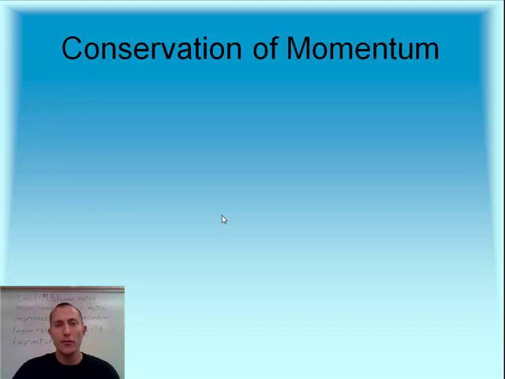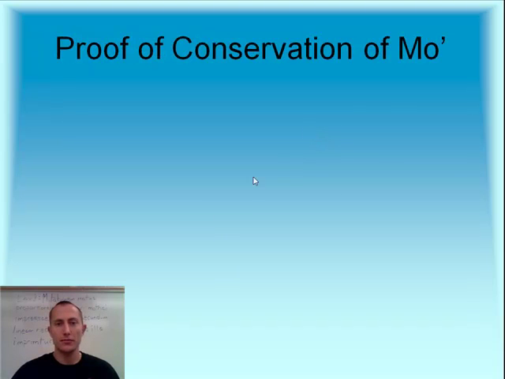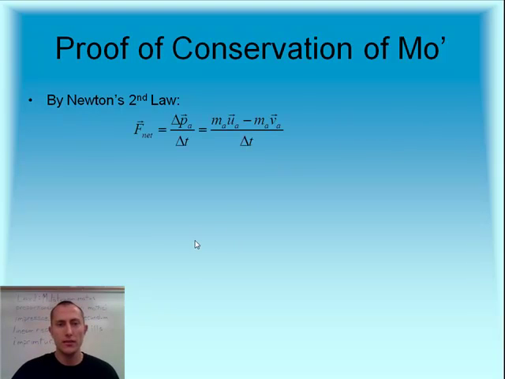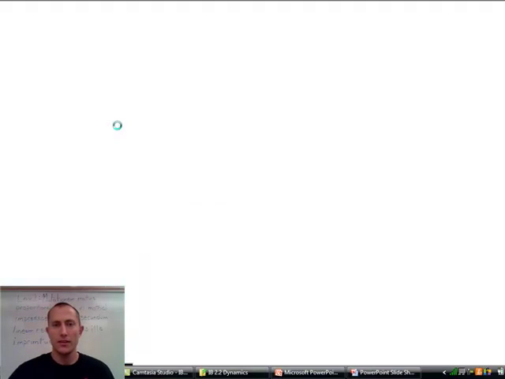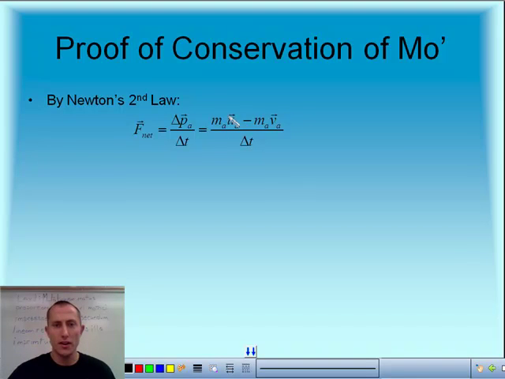Okay, let's try and prove mathematically that momentum truly is conserved. We know from Newton's second law that the net force on an object is the change in momentum over a change in time, and this actually should be, because it's final minus initial, a v here and a u here.